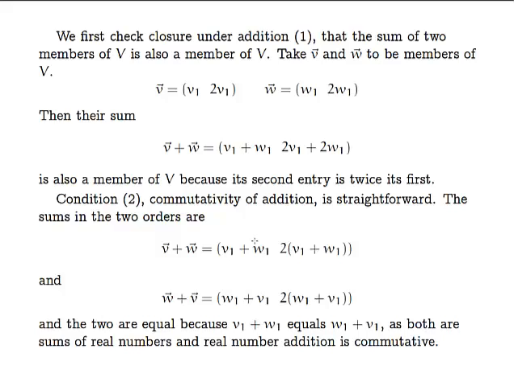But if I indicate a general element of V by (v1, 2v1) or (w1, 2w1), then the proof that I come up with is a general proof, because I can make this equal to any element of V. So here we have commutativity of addition. Same idea. Show that it works for any vector of the form (v1, 2v1) or (w1, 2w1). Okay.